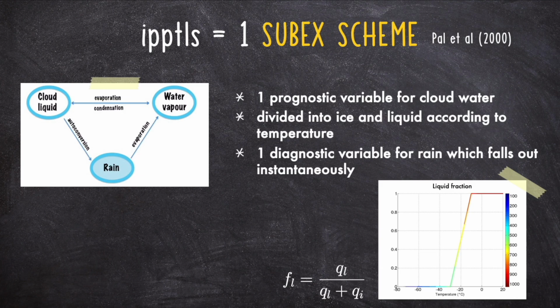So this quantity, this liquid water fraction, represents the partition between liquid and ice in mixed phase clouds. For this scheme, the liquid water fraction is a function of temperature. Below minus 30 degrees, the clouds are completely glaciated, while above minus 10, the clouds are made of only liquid. Moreover, for each height, clouds are characterized by only one liquid fraction for each temperature.